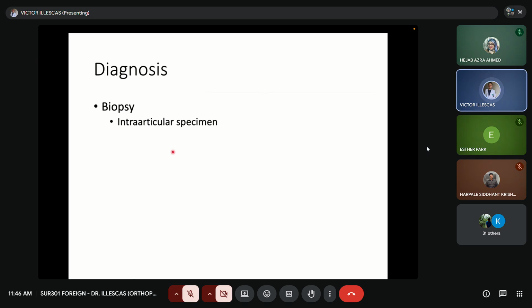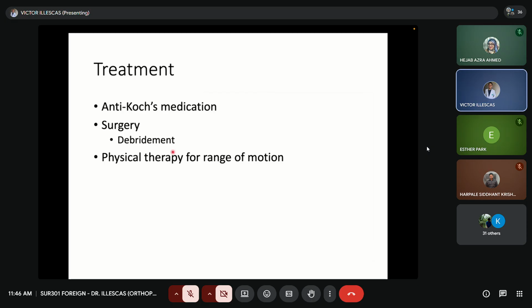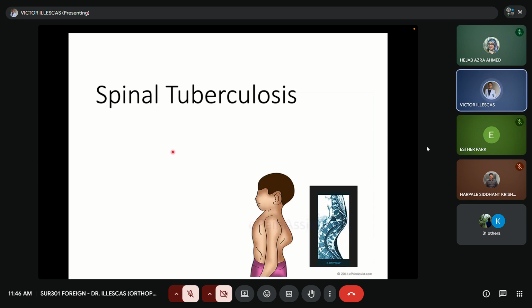To diagnose, we biopsy the area, we make a small incision, and then get a sample of bone and soft tissue inside the joint, send it to the laboratory, and check if it's truly secondary to Mycobacterium tuberculosis. Afterwards, we give the patient anti-Koch medication. We do surgery to debride the area and physical therapy to regain the range of motion.